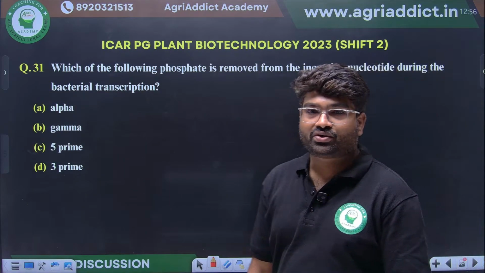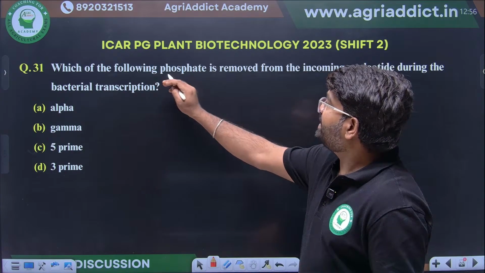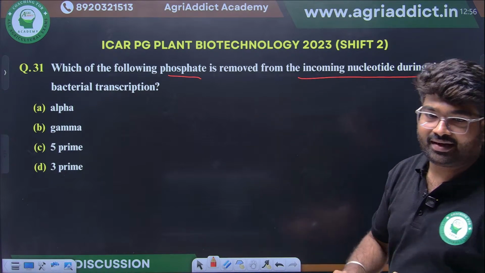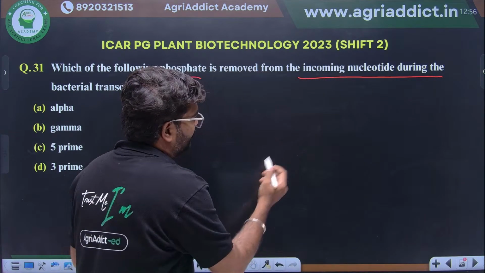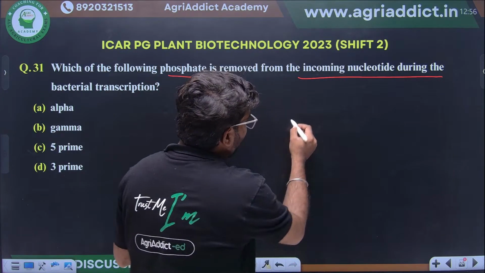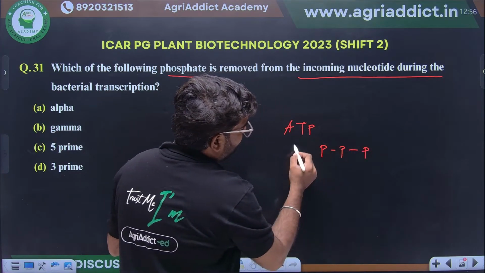Hereafter, only very simple questions will be there. Listen properly, okay? Which of the following phosphates is removed from the incoming nucleotide during bacterial transcription? For example, ATP is there, with three phosphates and an adenosine residue.